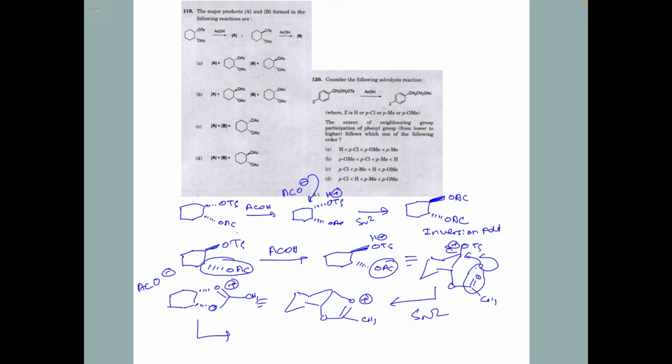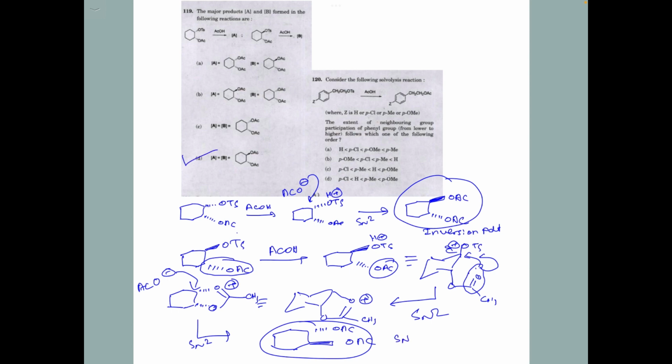When nucleophile attacks opposite to the leaving group, again one SN2 occurs. So we will have the corresponding trans product. So this also trans, this also trans. So option D is the correct answer.